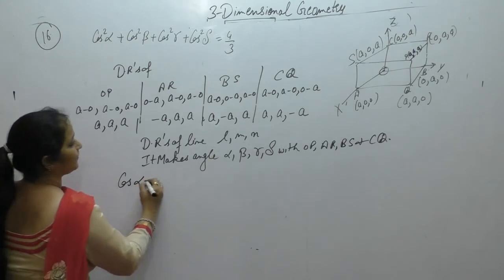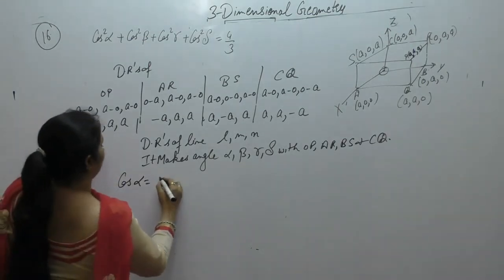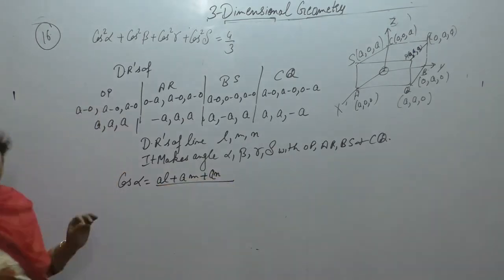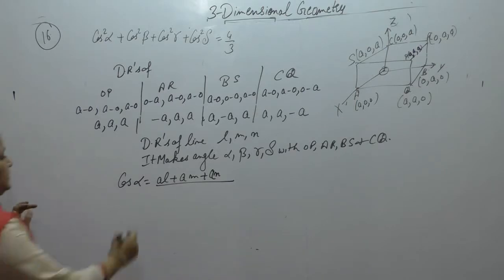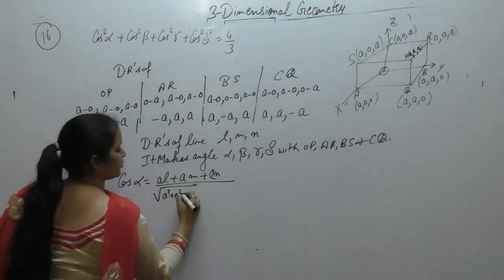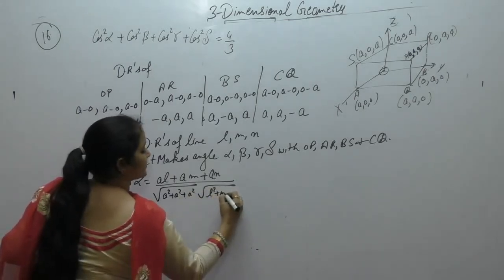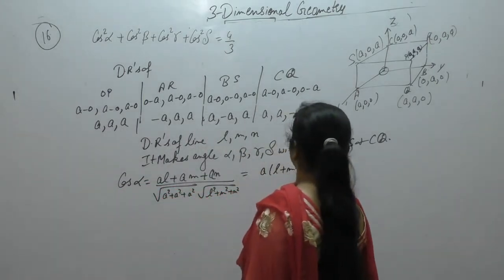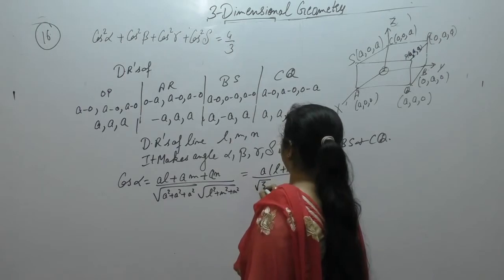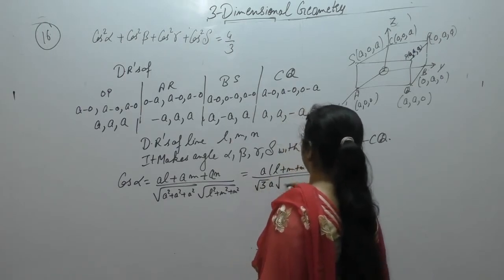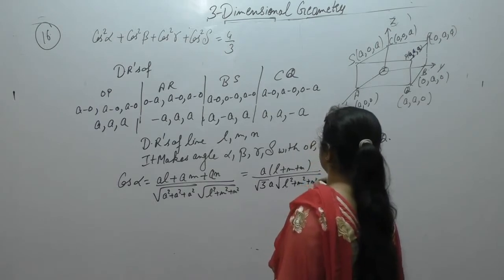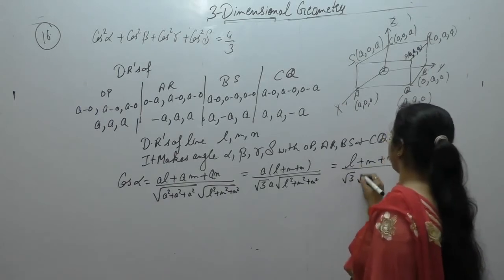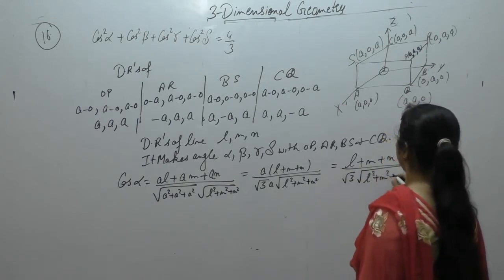Then cos alpha with OP is al plus am plus an upon the square root of a square into l square plus m square plus n square. So a into l plus m plus n, square root of 3 a square, a square root of l square plus m square plus n square. So we get l plus m plus n upon square root of 3 square root of l square plus m square plus n square.